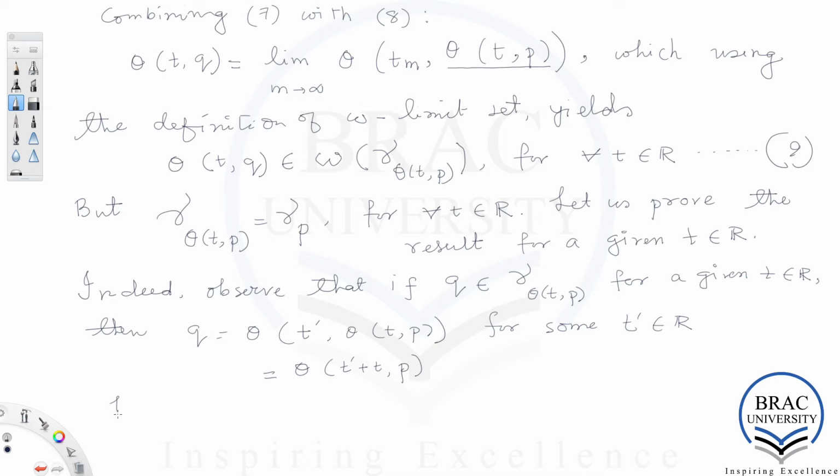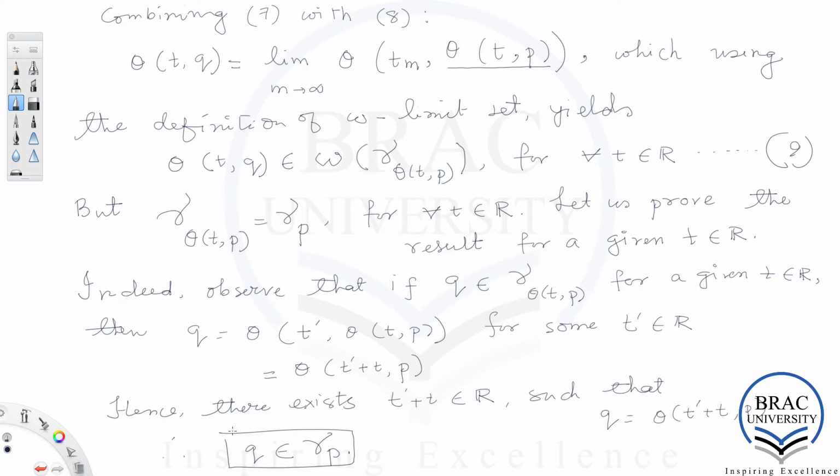So hence we have seen that there exists t prime plus t belonging to the set of real numbers such that Q is equal to theta t prime plus t comma p, and therefore Q belongs to the orbit of P. Okay, so it then follows that we started with the fact that Q belongs to gamma sub theta t comma p, and we arrived at the fact that Q belongs to gamma sub p.